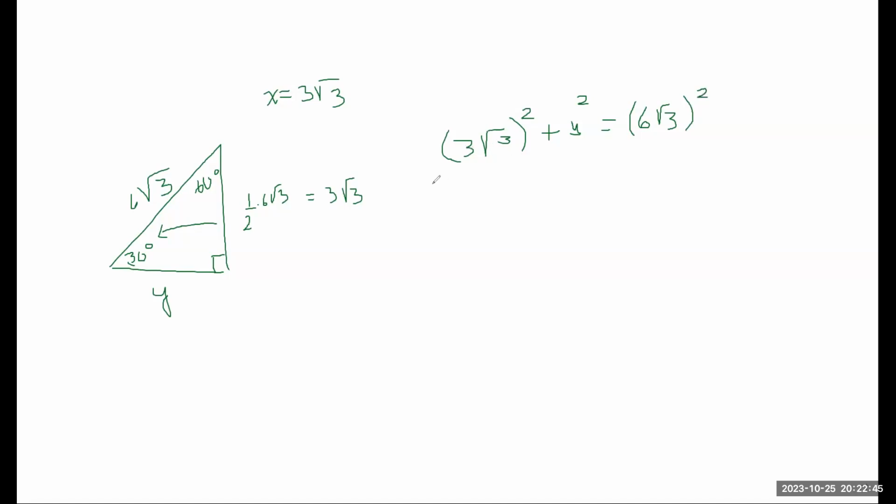3 radical 3 squared means you have to take 3 radical 3, though, and multiply it by 3 radical 3, which gives you 3 times 3, which is 9, and radical 3 times radical 3, which is radical 9.